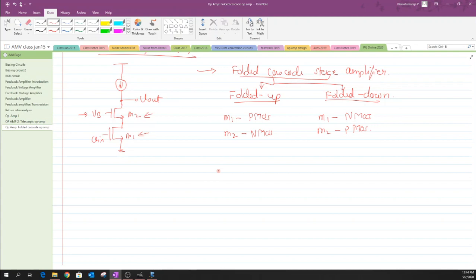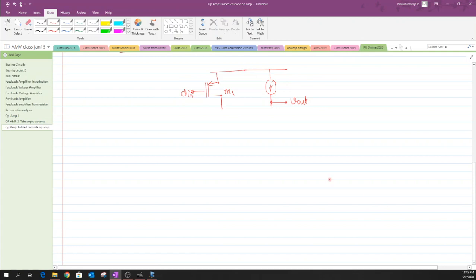In this structure, what we had was a VDD, and M1 was realized using a PMOS, where the Vin was applied, and we had a load, and followed by this load we tapped an output node which is labeled as Vout, and after this there is a cascode device built using an NMOS device and fixed with a voltage of VB.